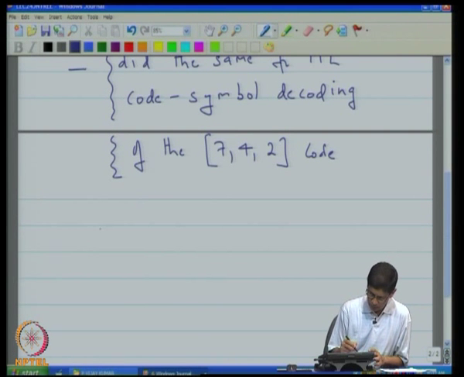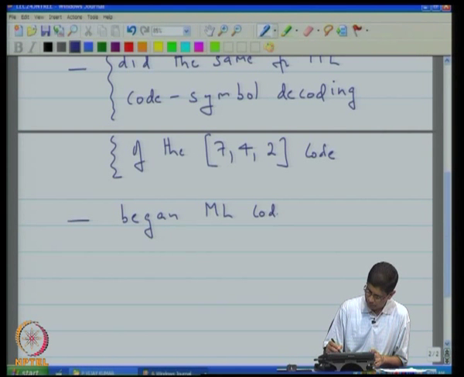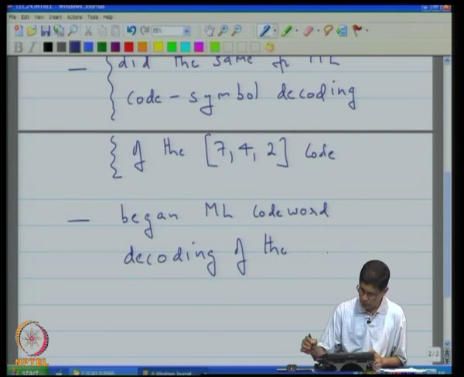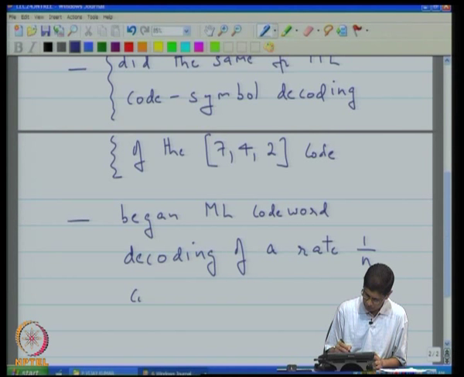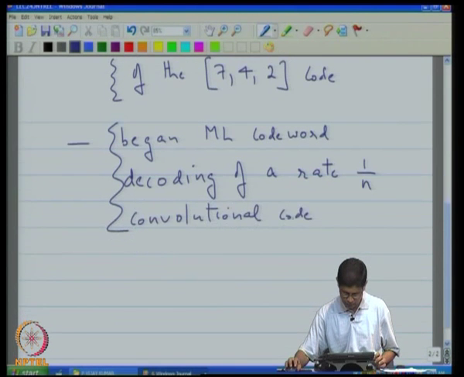Then I just got started trying to formulate maximum likelihood codeword decoding of a rate 1 by n convolutional code. And we will continue on that.